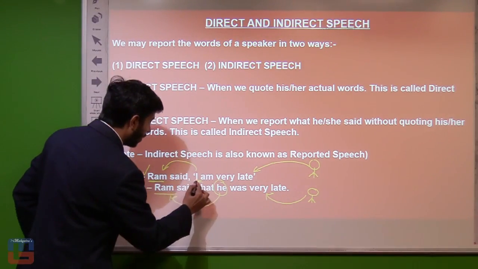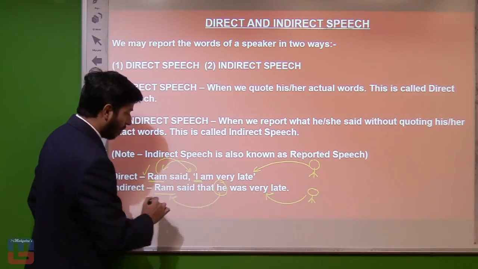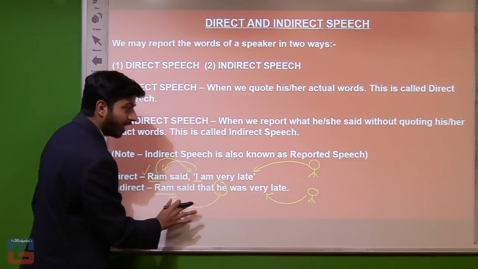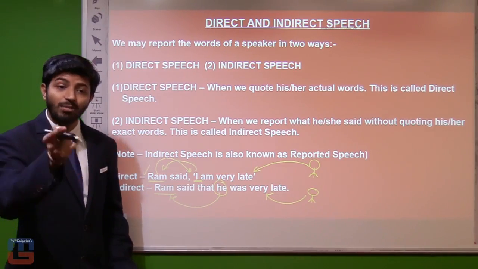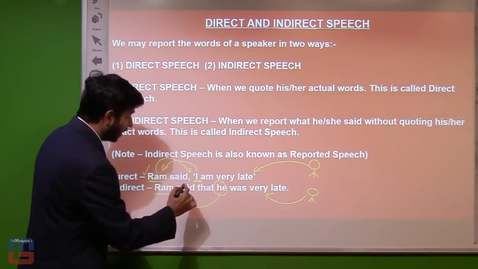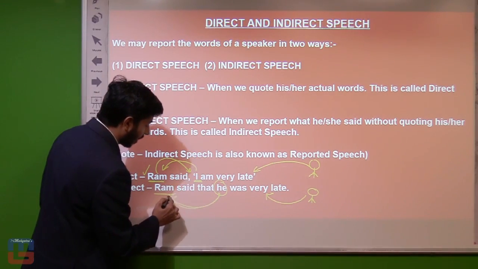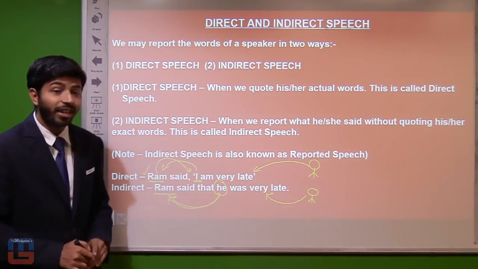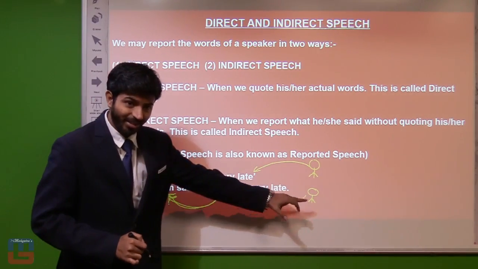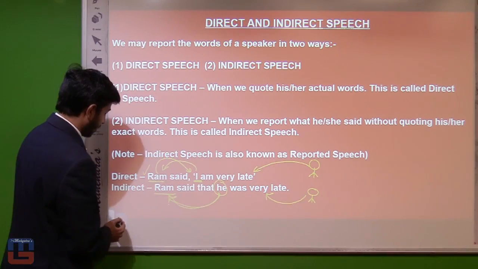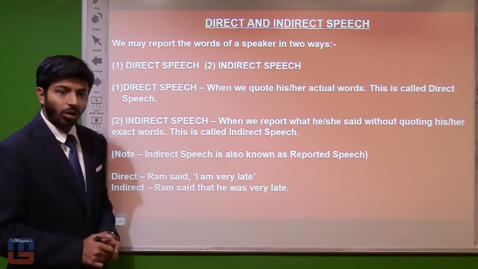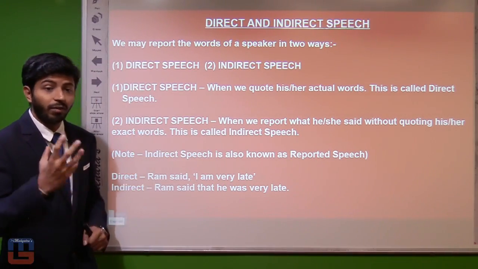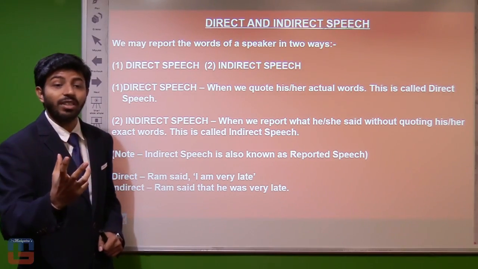Ram used I for himself. But when another person is narrating the sentence, he uses he for Ram, because this sentence has not been narrated by this person. So this is the example, and with its help you may understand which type of sentence is direct and which is indirect.